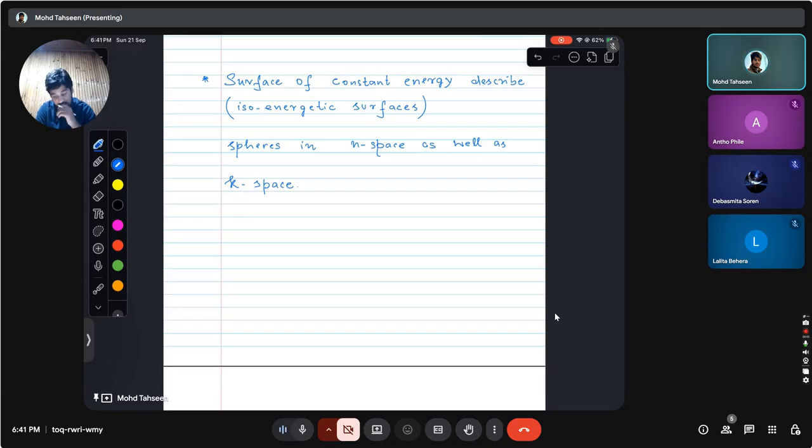The highest energy level is called the Fermi energy level, and the surface corresponding to Fermi energy is called the Fermi surface.